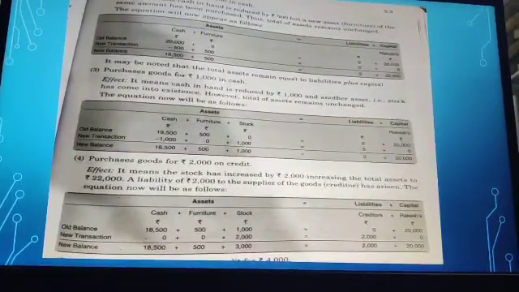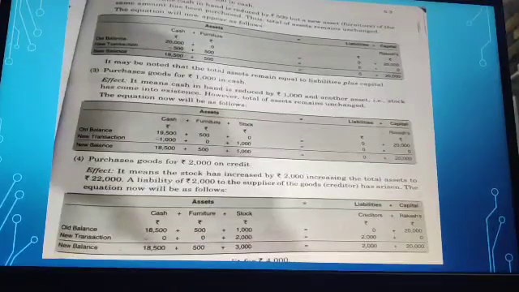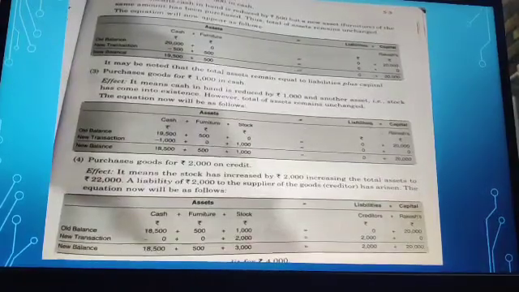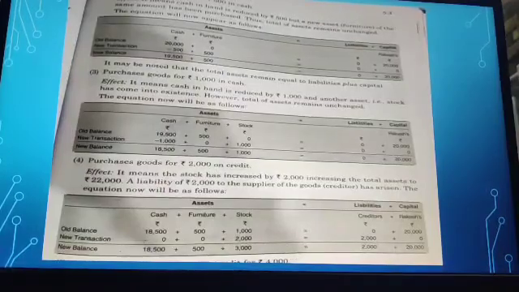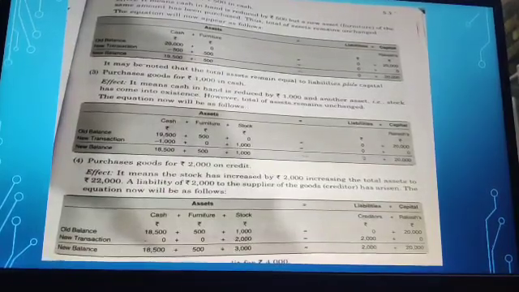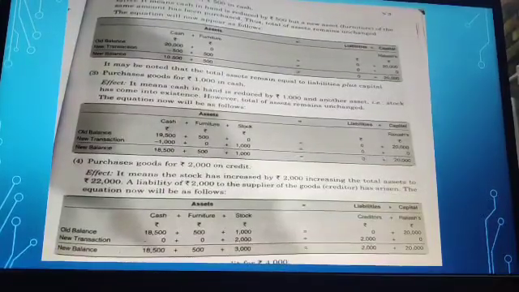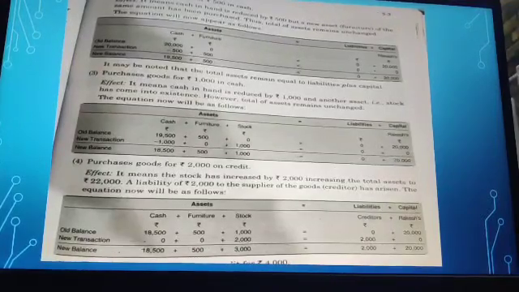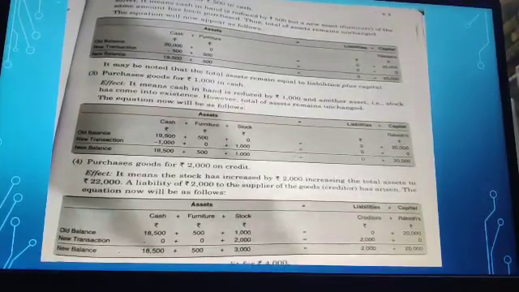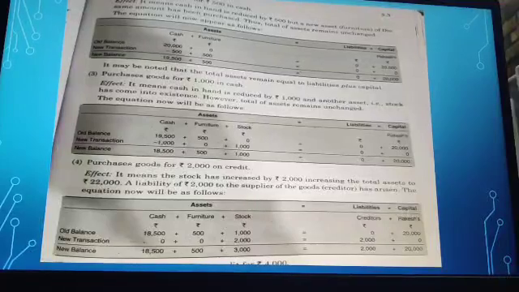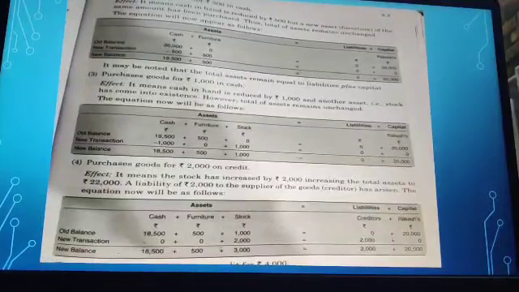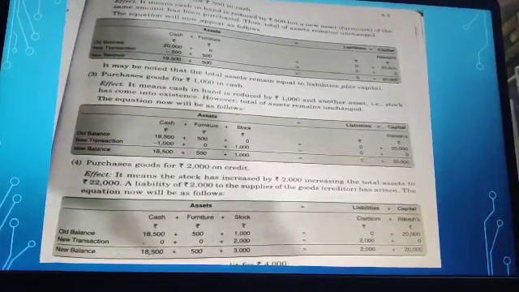Stock is being added by rupees 2,000, but one more account, creditors under your liabilities section, has now been created. Initially it was not there, but as soon as the new transaction came up, you opened one more account by the name of creditors, that is rupees plus 2,000.